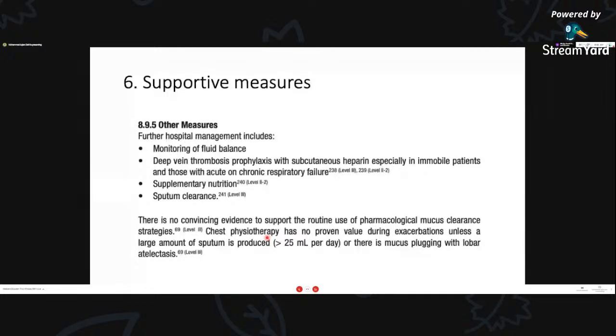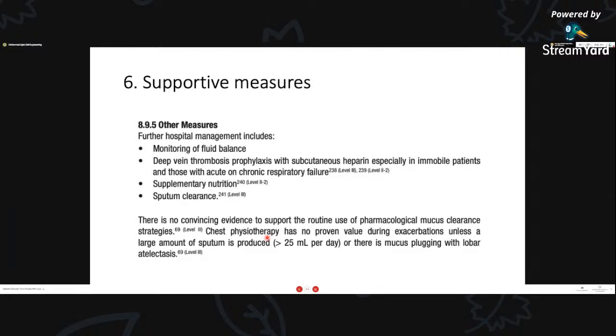If you look at the flow chart, we can see this: management of fluid, and also prophylaxis against venous thromboembolism, so we give subcutaneous heparin, as well as nutrition and also sputum clearance. So we have chest physiotherapy.